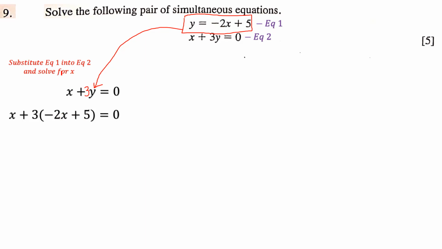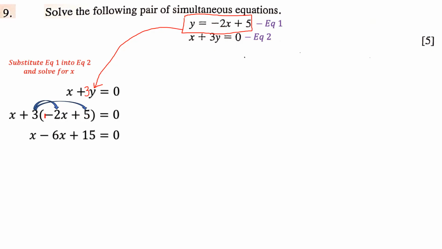Now I've got to solve for x because all of my variables are x. So we're going to multiply 3 times negative 2x, and 3 times 5. Let's get that right. 3 times negative 2x is negative 6x, and 3 times 5 is 15.